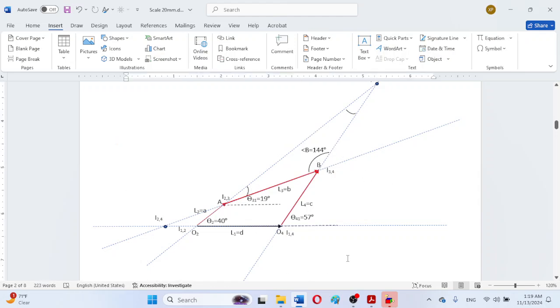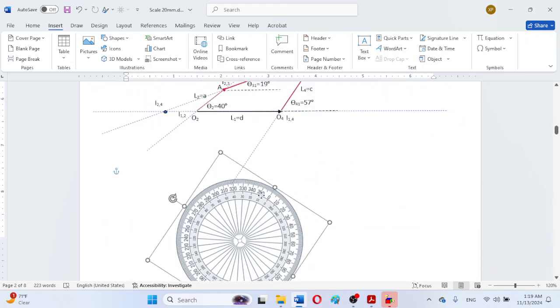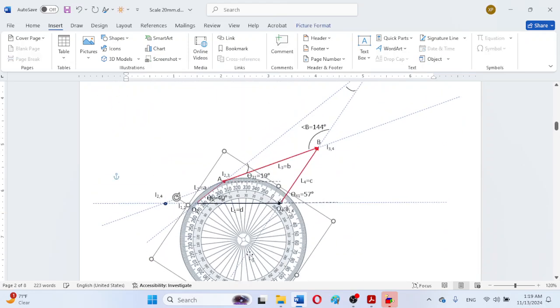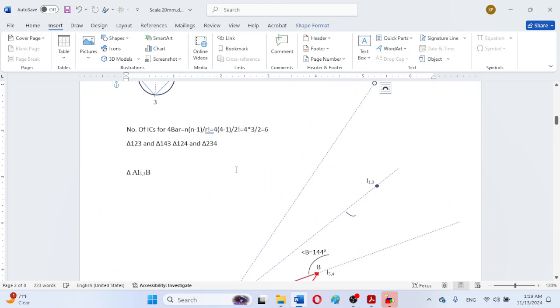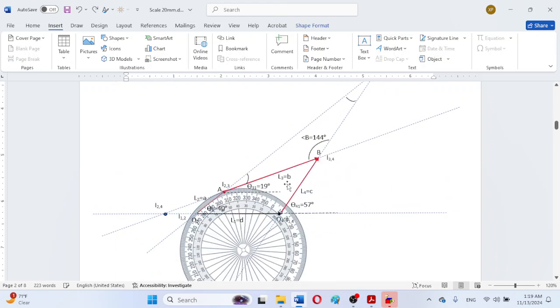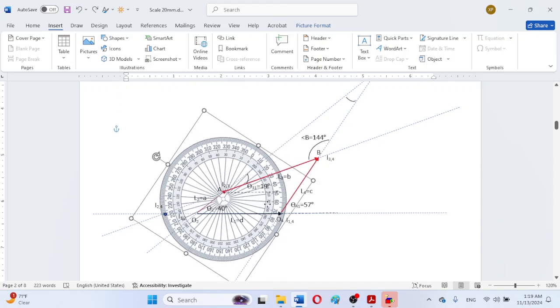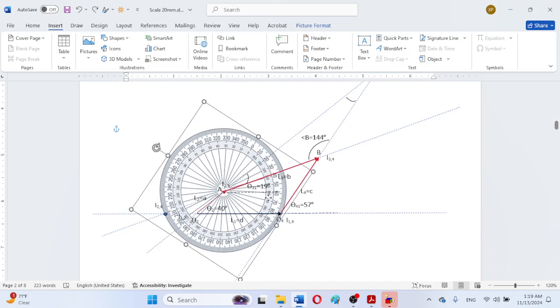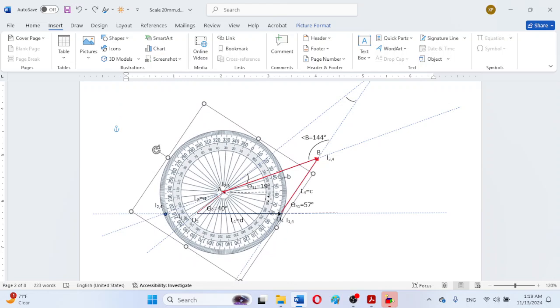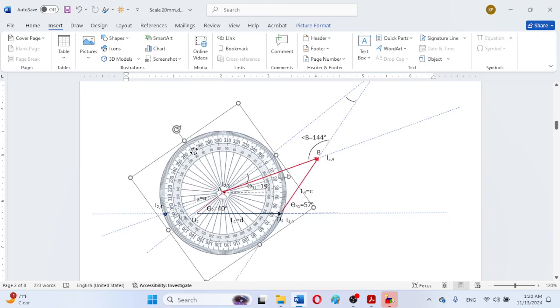Again, in a similar manner, we will be moving this protractor here like this carefully, and its center will be placed here, and after that we can rotate with the help of this rotation symbol.